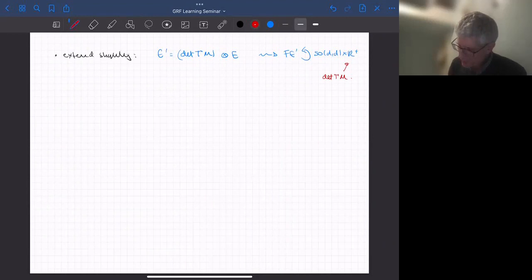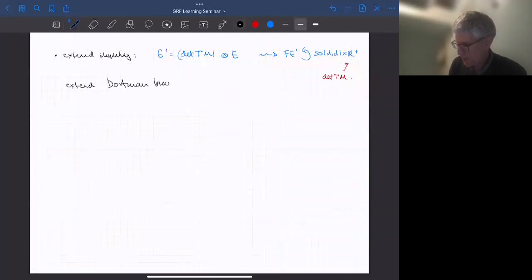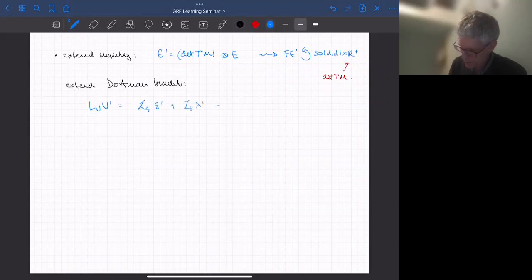If I do that, we can also extend the Dorfman bracket. So I can think of a generalized Lie derivative L_V of V prime, which takes exactly the same form as before, where now V is an ordinary generalized vector and V prime is one of these weighted things.